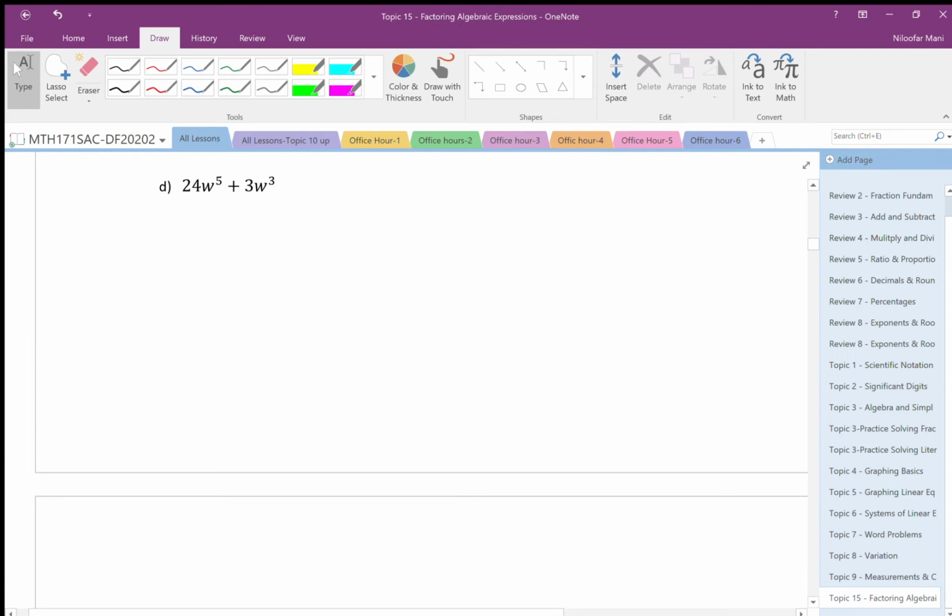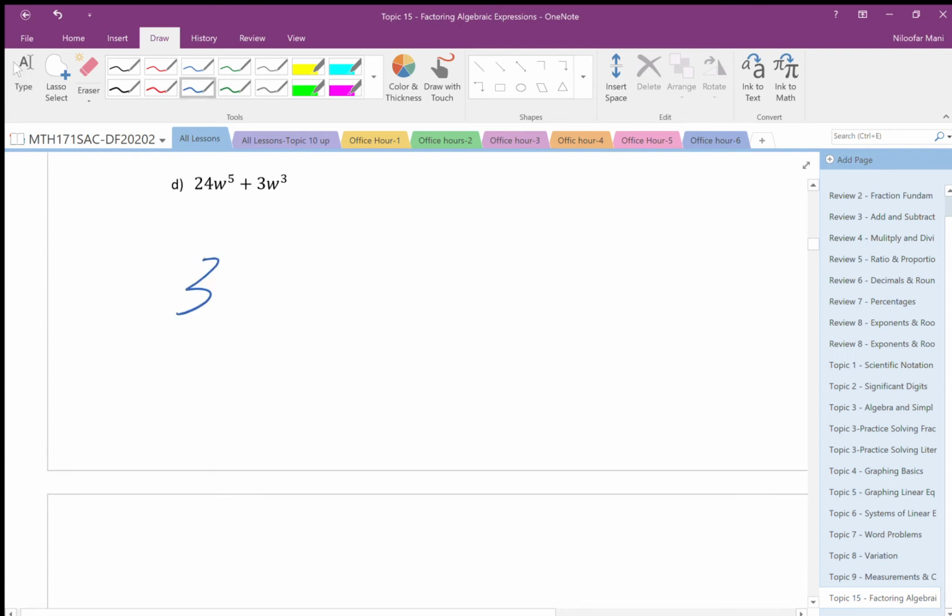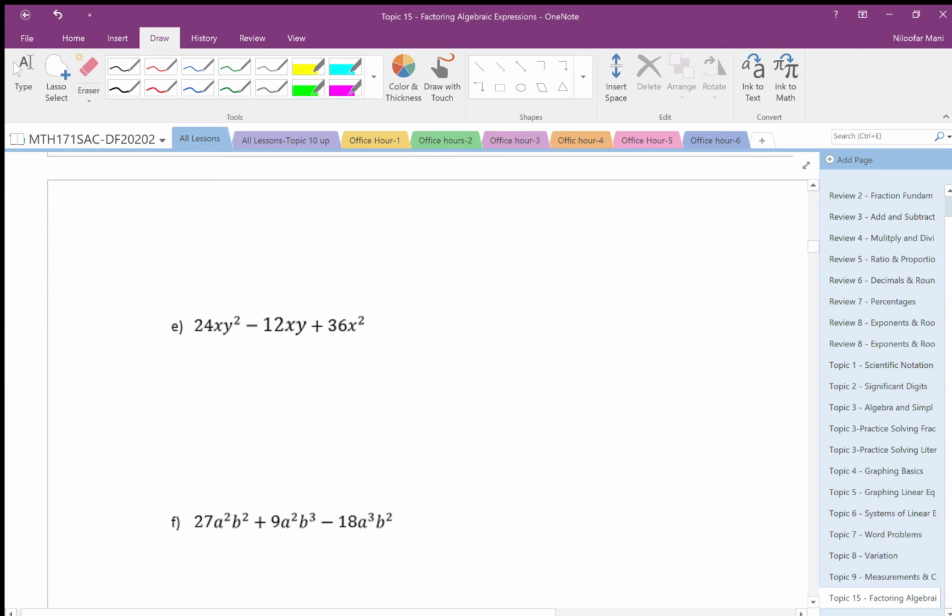How about here? What do I see here? I see 3, yes, I see w cubed. So what is left? Here, 8w squared plus 1. Remember, when nothing is left, it's 1, because many times I see a student write 0, which is wrong. When I multiply, I have to go back to the same result. How about here?